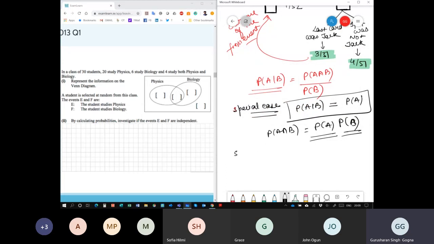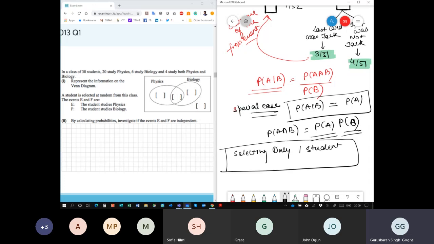Because you are selecting only one student. This was the key information there. A student is selected at random, and that is the reason these two events are independent.